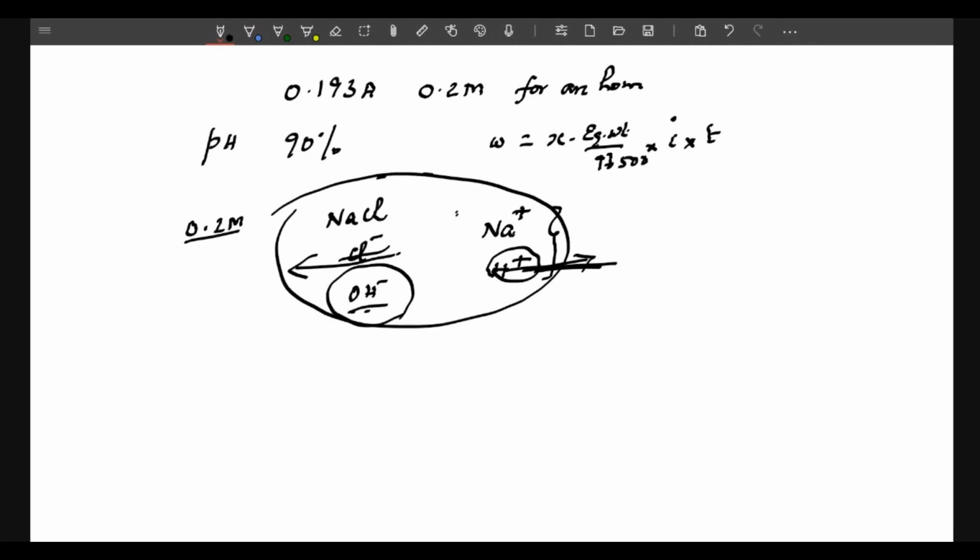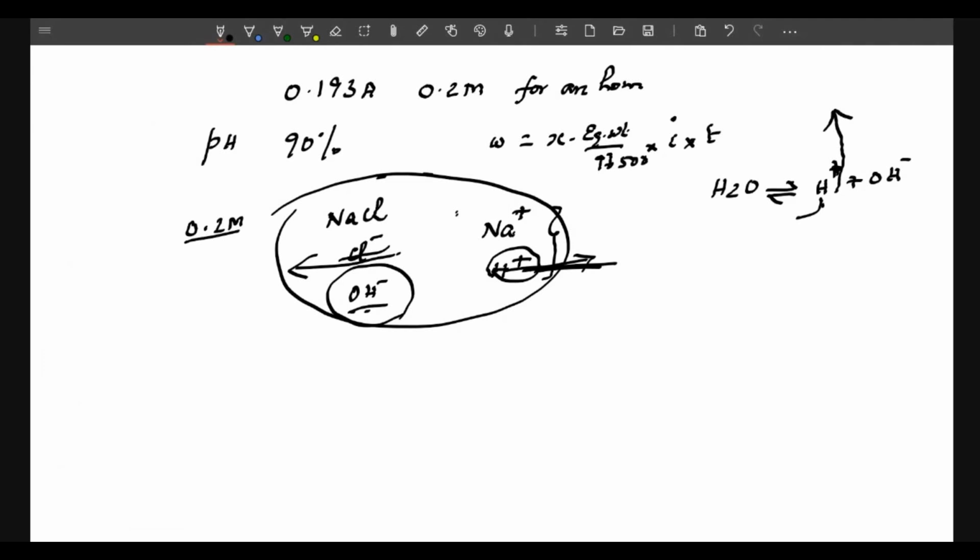As much amount of H+ ions as are electrolyzed, so much amount of OH- is increased, because in the ionization process, the water undergoes electrolysis to give an equivalent amount of H+ and OH-. Therefore, however much H+ is converted into hydrogen gas, so much OH- would remain.